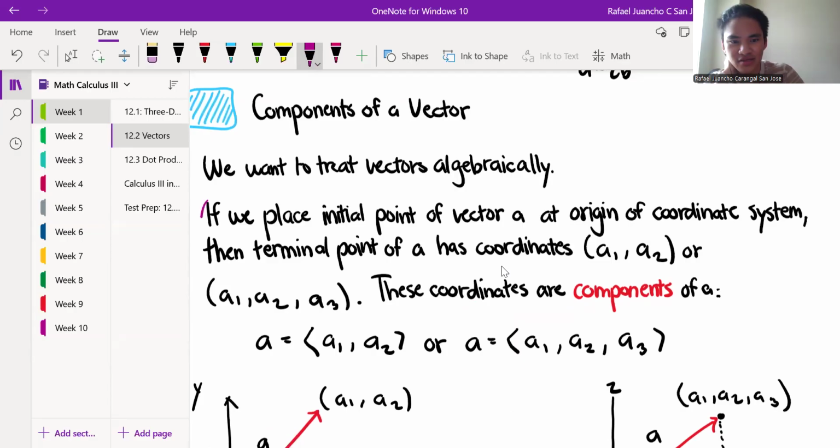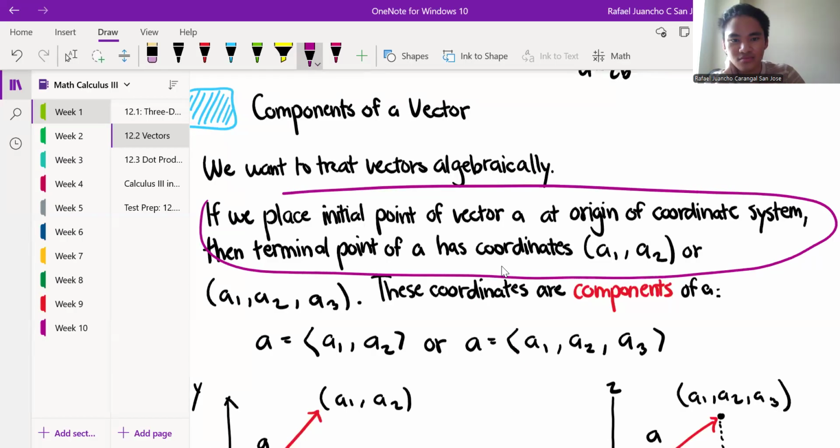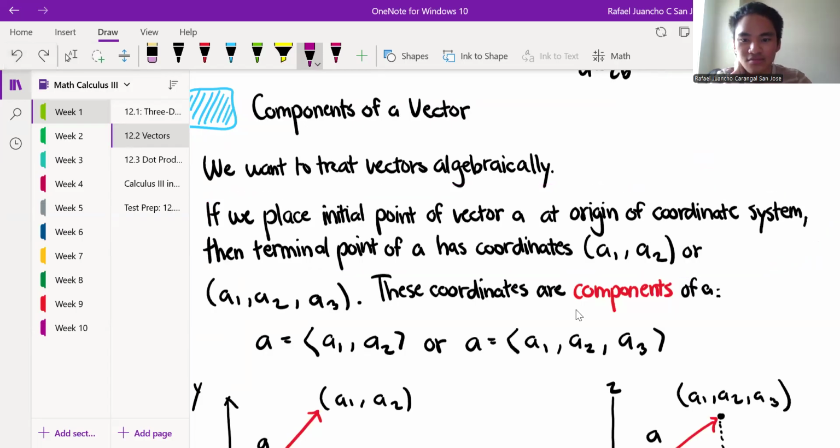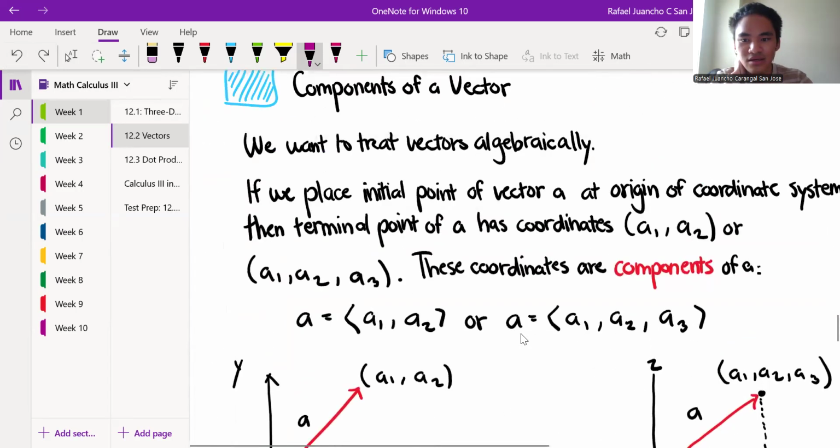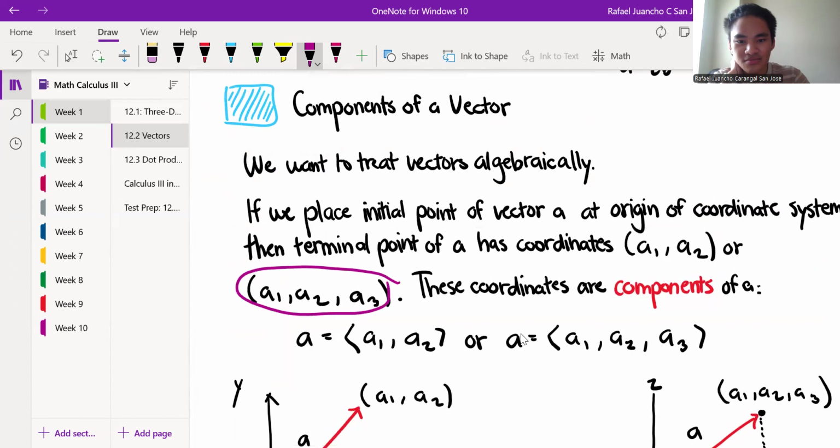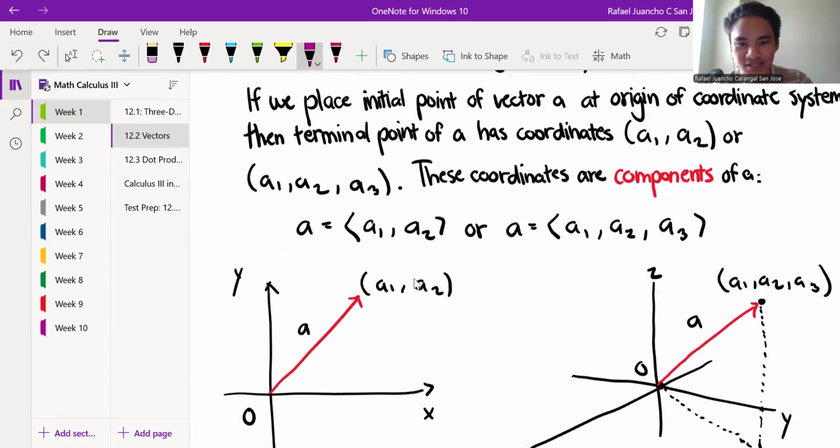This one's explaining 2D, right? And then this one's 3D, because we remember in space, we have an ordered triple. We need 3 coordinates that will give us a point in space in 3D. These coordinates are components of A.